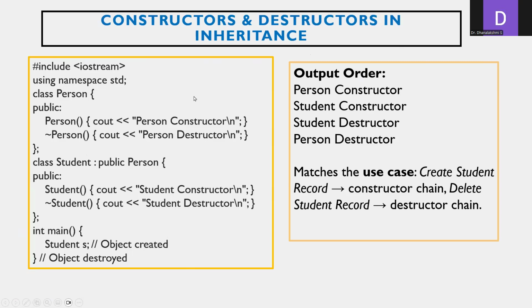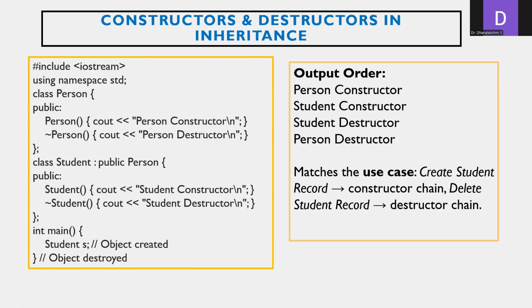First it calls the base class person, and only then it calls the constructor of the derived class student. Why? This is because before we can have a student, we must first create the person part of that student.